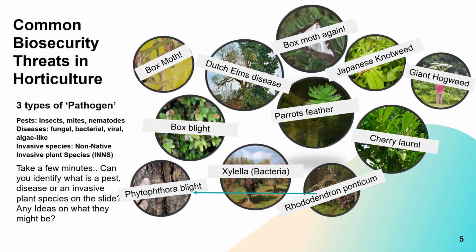Some of these non-native invasive plant species are hosts and vectors for plant pathogens. So a vector is an organism that transmits a disease from one plant to another. And this is usually a sap-sucking insect like an aphid or a whitefly, but a vector can also be the host plant itself.